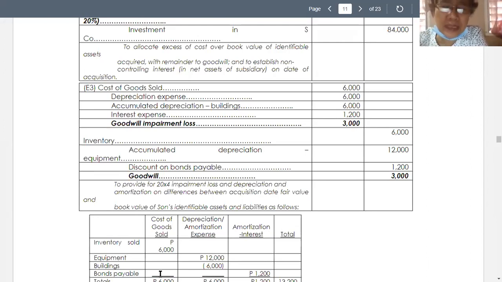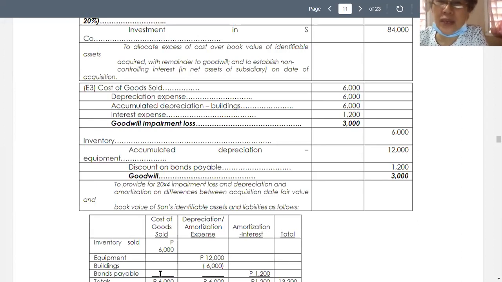and that goodwill of 9,000 is our debit to goodwill in our balances in requirement number 2 in our worksheet. Take note that we debited goodwill 9,000, and it's due to the difference between the 12,000 debit to goodwill upon acquisition and the credit of 3,000 for the impairment loss on the goodwill.